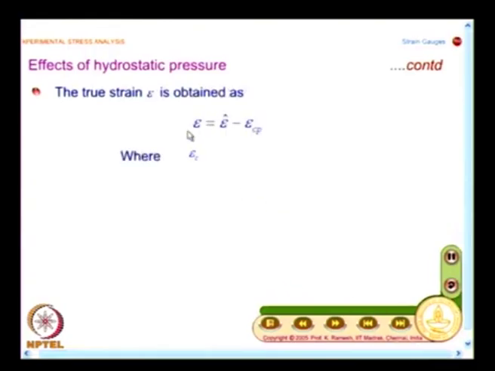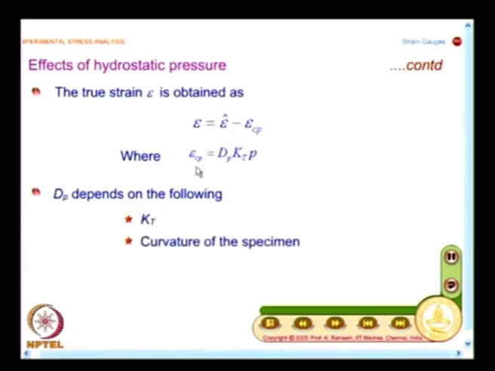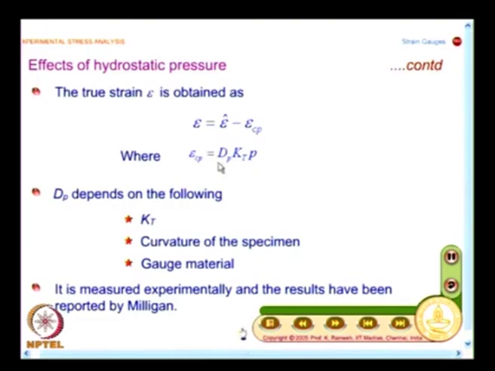So, actual strain or true strain is given as epsilon cap minus epsilon Cp, where epsilon cap is what you read in the strain meter, and epsilon Cp is defined based on experimental observations as dP into kT into P. The factor dP is found to depend on the following.